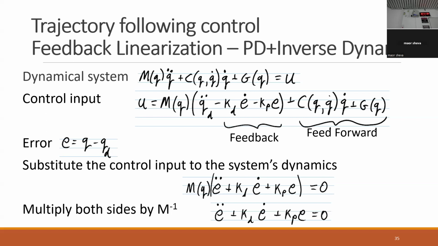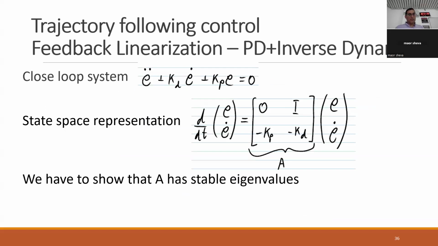And if e is 0, then the system is on the desired trajectory. That's the meaning. So I want to prove that this dynamical system is stable at e equals 0.